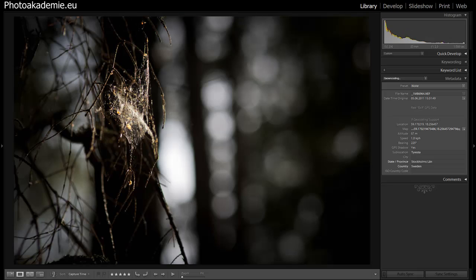And maybe you don't have this forest in front of your house, so you take a street walk. Maybe you shoot some street images.